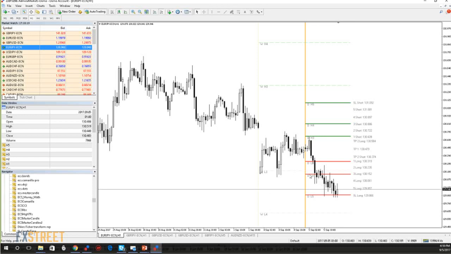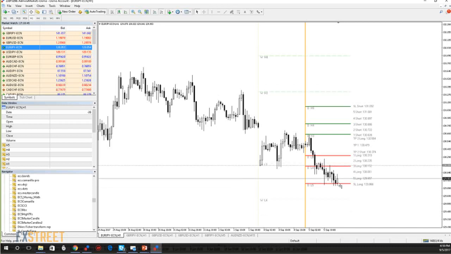And actually this is between daily L4 and daily L3. And what happened then? A rejection. Watch this, guys. Rejection from daily L4 to daily H3. And then when price closed below daily L4, it tested daily L5. You see how this is very, very strong.